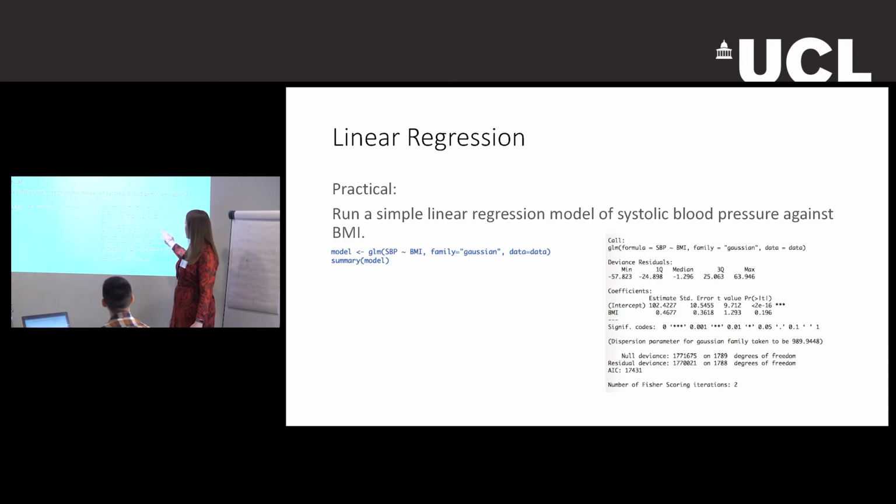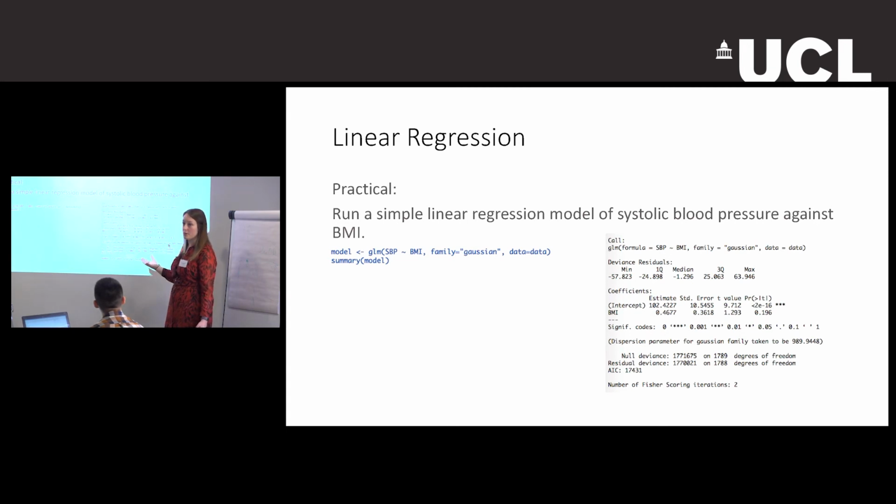And then this value at the end here is your p-value. You can see that it's 0.19. If you were basing it on a significance level of 0.05, it would not be significant. But if you had a significant result and you wanted to interpret this value, what it means is if your BMI goes up by 1, then your systolic blood pressure would go up by 0.467.